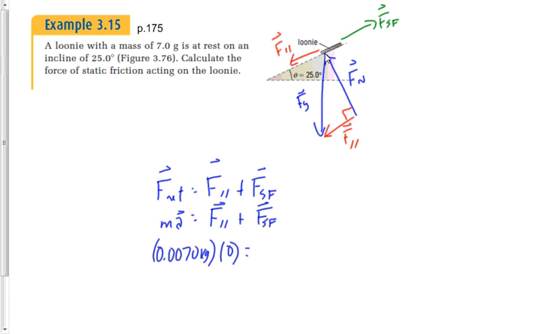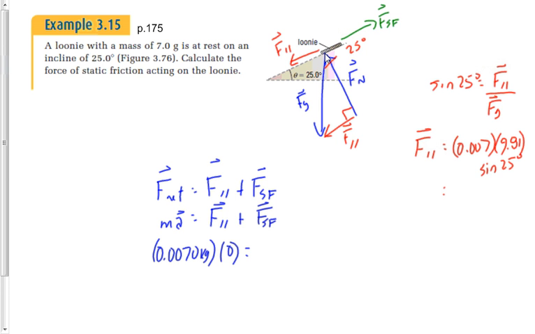F parallel, we should probably have found out what F parallel was, right? Let's say sine 25 degrees, because this is 25 degrees as well, is equal to opposite over hypotenuse. Where F parallel ends up being equal to 0.007 kilograms times 9.81. That's the force of gravity times sine 25.